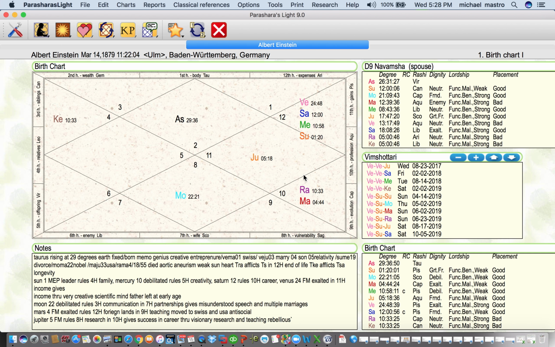And then we want to transform. We don't want to strengthen. We want to transform Rahu, Ketu, Venus, Jupiter, and Mercury. So we do those by listening to chants.